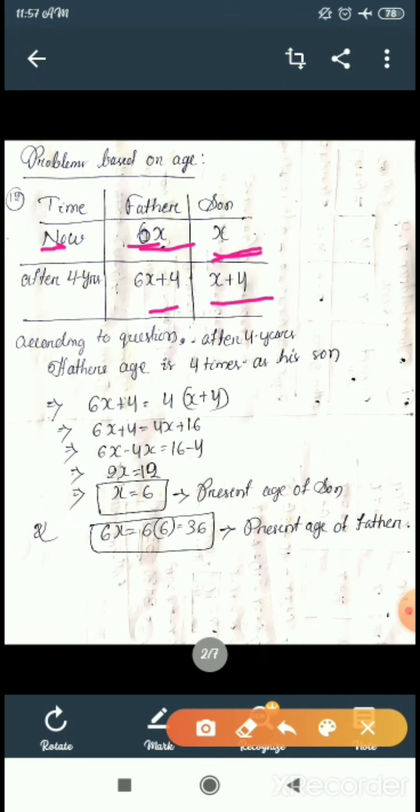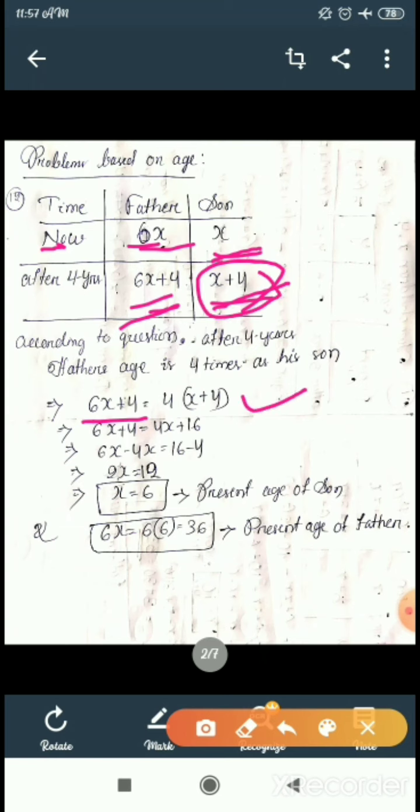Now we'll get one equation from the question. 4 years after, father's age will be 4 times as old as his son. So what will be the equation? The equation will be: father's age 6x plus 4 equal to 4 times his son's age, means 4 times x plus 4.